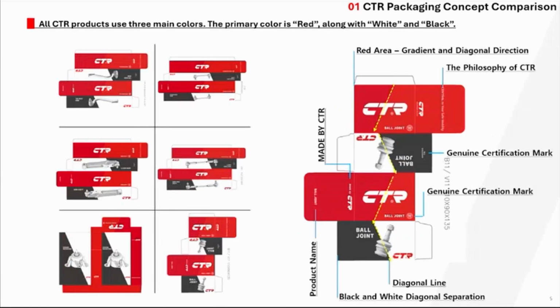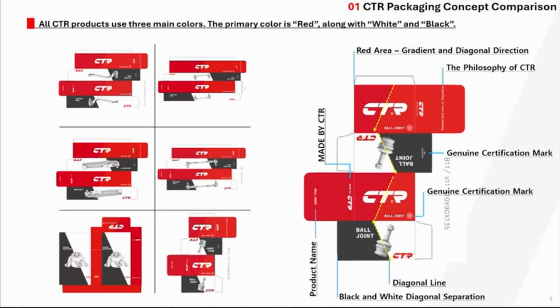This slide gives a detailed look at key elements of our new CTR package concept. On the left, you can see how the design is applied consistently across different product types. On the right, we highlight the specific design features that make the new package distinctive and recognizable. For example, we use a bold red area with diagonal gradient, which gives the package a strong visual identity.